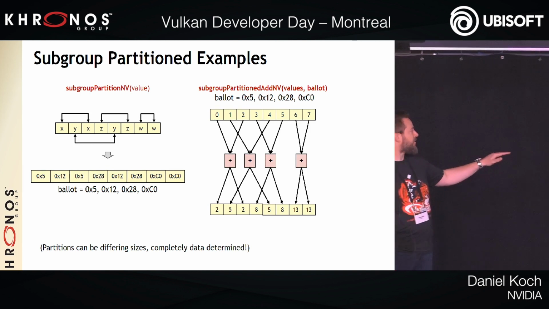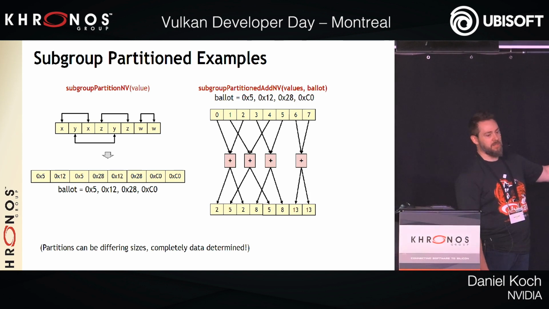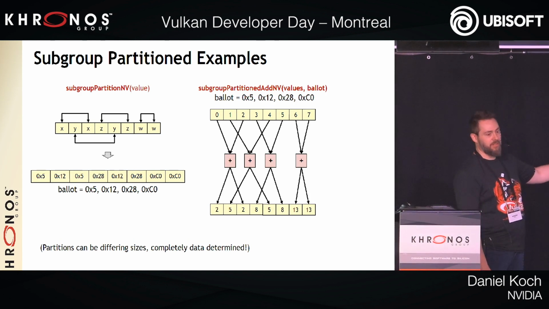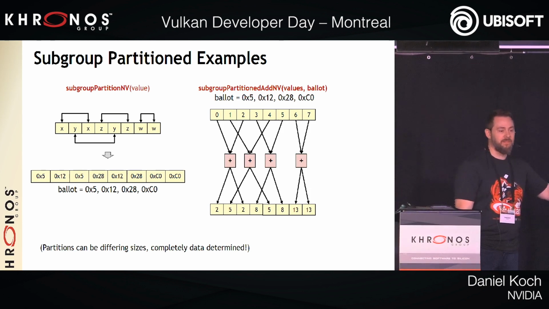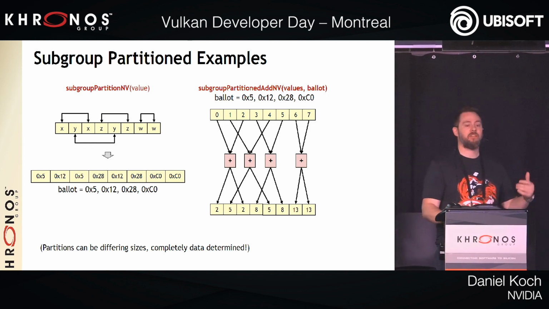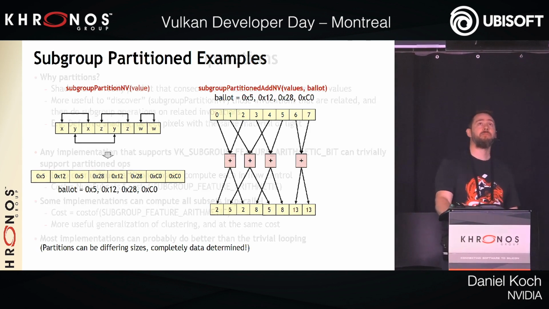In this case, my partitions are the same size, but they don't have to be. It could have been four invocations in one partition, or 1 and 2 and 1, for example. It's completely data determined how many invocations are in a partition.